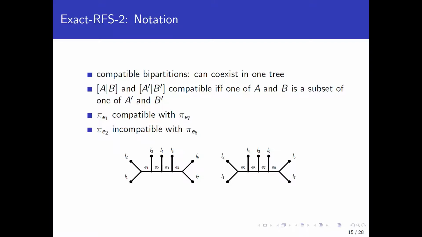So for example, the bipartition induced by edge E1 is compatible with the bipartition induced by E7 because L1 and L2 is a subset of L1, L2, L4, L3. In comparison, the bipartition induced by E2, which is L1, L2, L3 versus the rest, is incompatible with the bipartition induced by E6, which is L1, L2, L4 versus the rest.